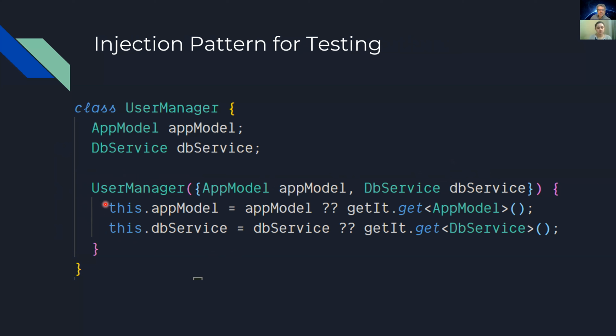Then we check at the beginning if an object was passed, we use this, and if not, we access the one that is registered and get it. So in your unit tests, you can directly pass in your mock objects here, and in the normal app, it will take the one that is registered inside getIt.